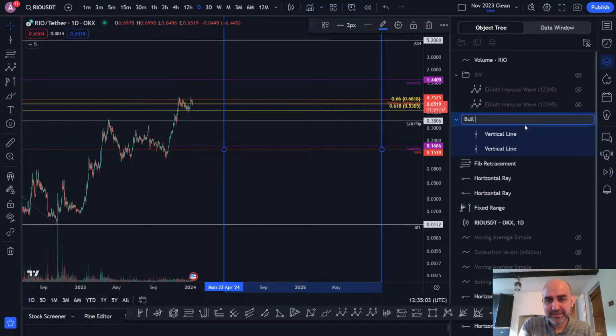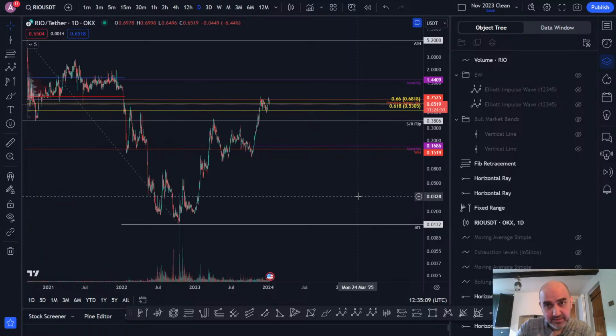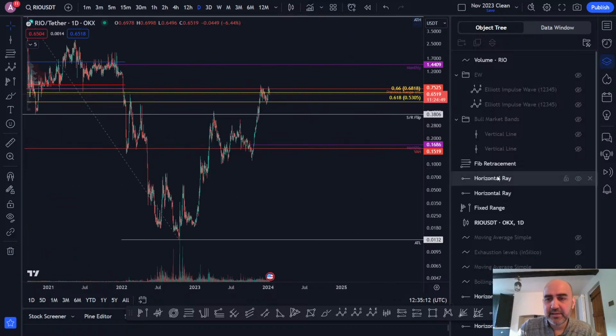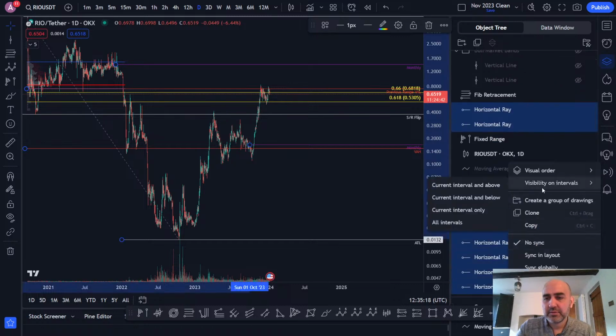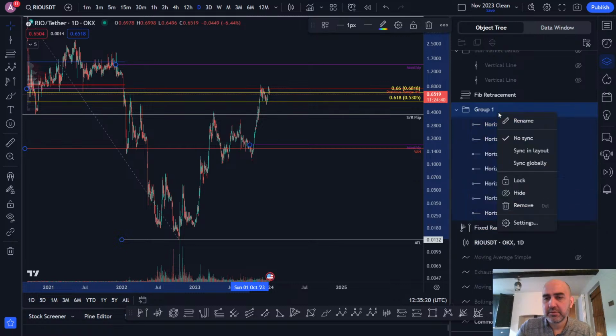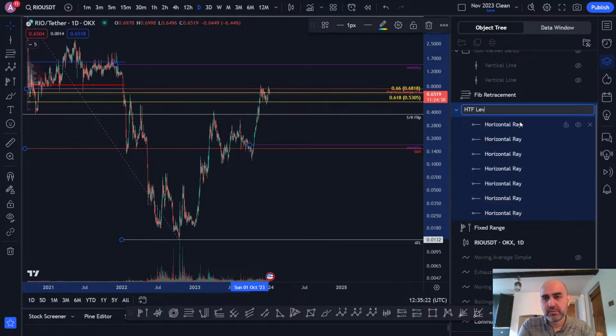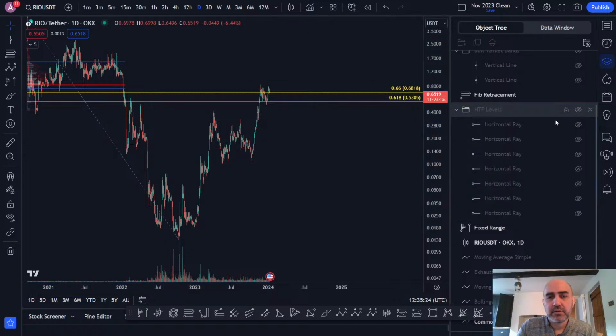Bull market. Get rid of some of these lines so we can clear up the chart. It's better.